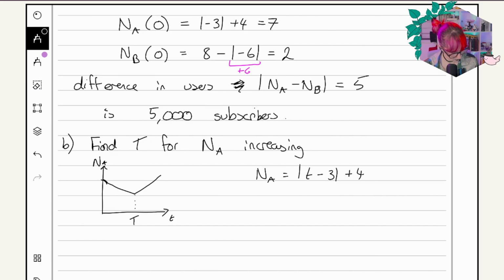Until t is equal to 3, and then t is going to be bigger than 3. So basically, it's going to change.